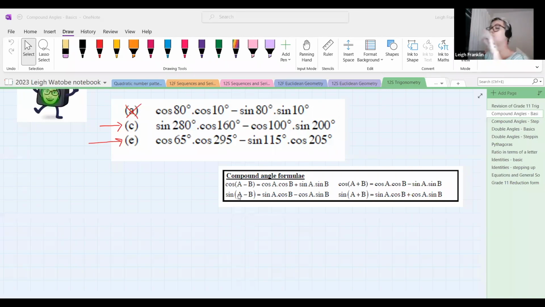No, you can't do 180 plus 100 because 100 is not an acute angle. Sine 280 is in quadrant number 3. Oh, so you've got to do, okay, that's where your mistake is. You've got to do 180 plus. Okay, thank you. All right, no problem.